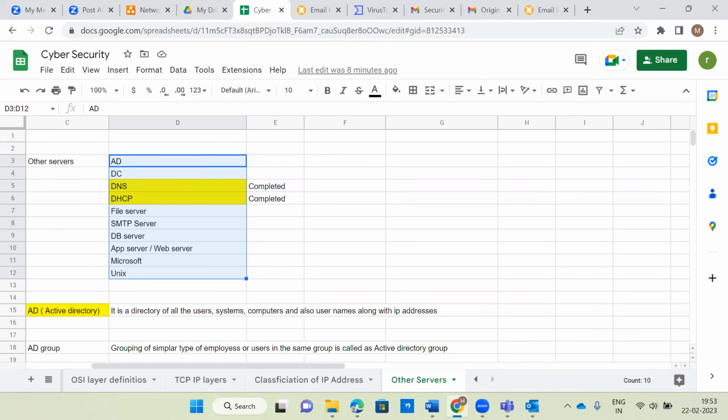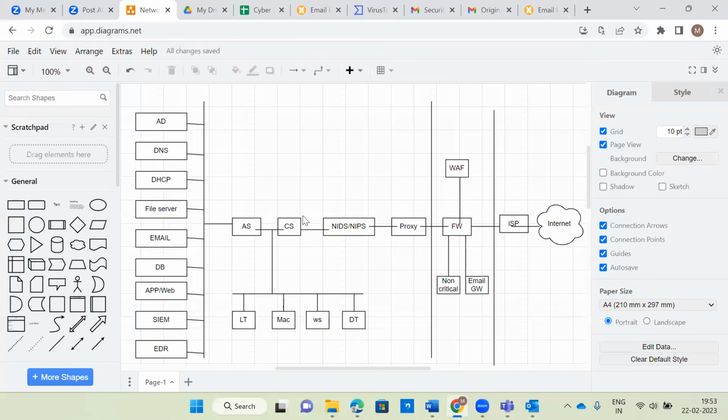So the next topic is the network architecture diagram. It is very, very important, guys. You have to always keep this network architecture diagram in your mind. Before our class started, I was drawing this diagram. There are three different types of zones.